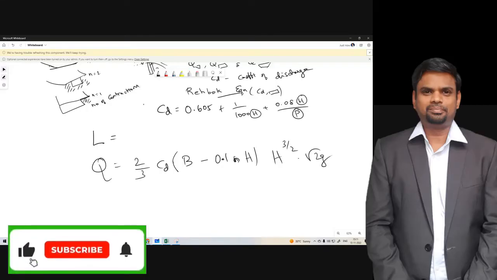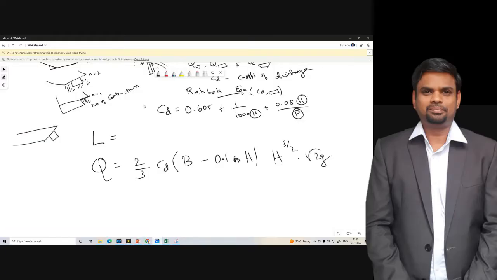The number of contractions means, in the cross-section area of the flow, how many contractions are there. For example, if a rectangular notch is at the center, there is contraction on this side and contraction on this side, so the number of contractions equals 2. When the notch is connected at one end, the flow of fluid comes across from one end, so the contraction is from one end. So we have n equal to 1.